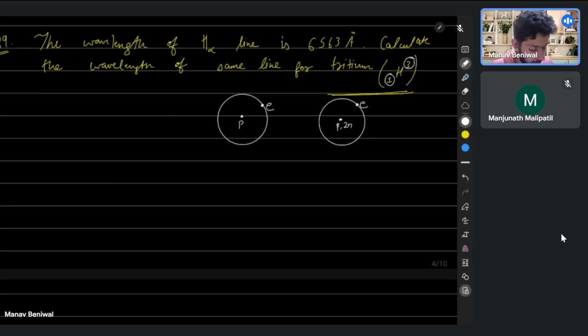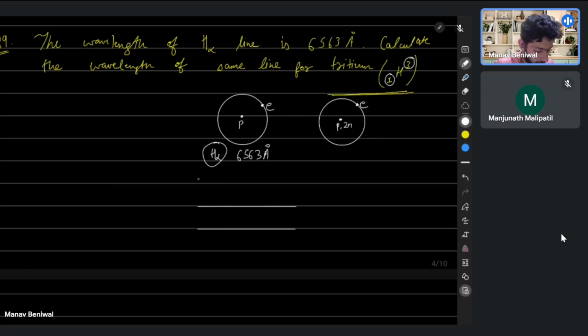Okay, so we are given that the wavelength for H alpha is 6563 angstroms for hydrogen, right? And we have to calculate the wavelength for the same line for tritium. Now, what is this H alpha? H alpha is the red color spectral line that we see for the first transition in the Balmer series.